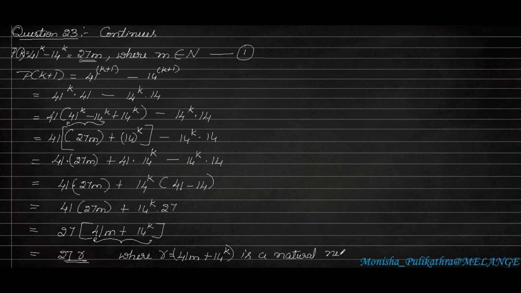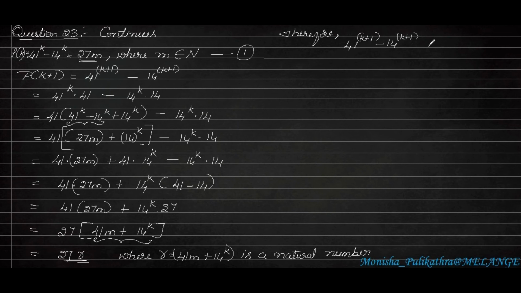It's any natural number. Fine. So therefore we can write it as 41 to the power of k plus 1 minus 14 to the power of k plus 1. That is nothing but this P of k plus 1.